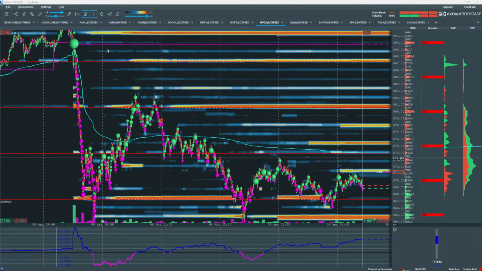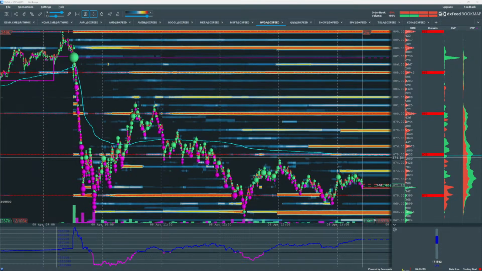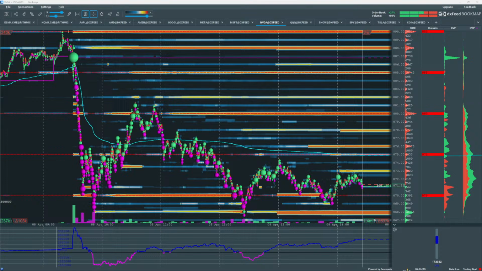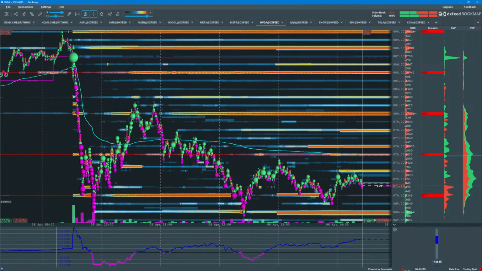So if there's a short, assuming that 870 continues to hold the support, there's really not much room for it to move. All right, let's go back to Hero.